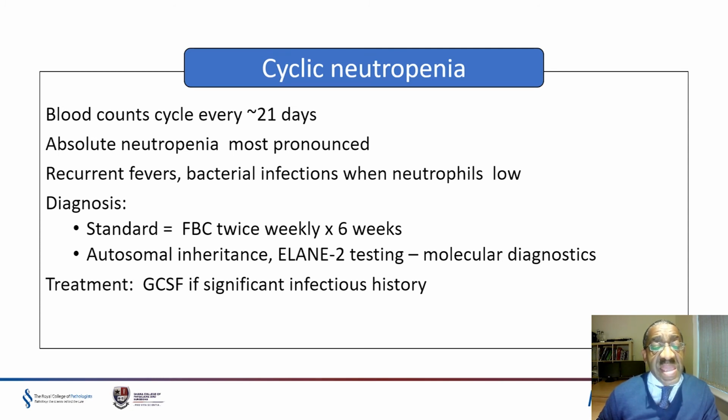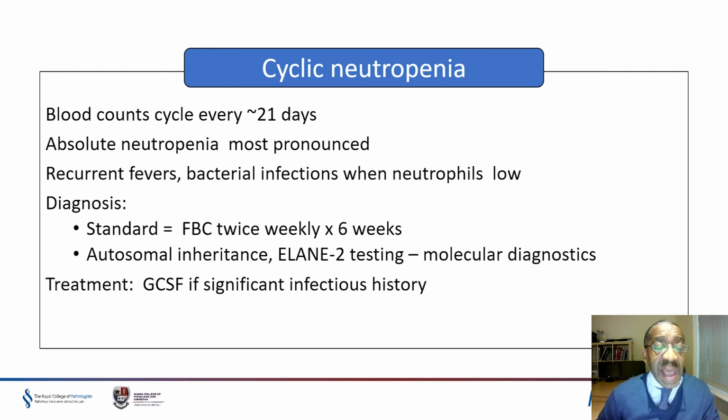The approach to diagnosis is initially to take a blood count 2 to 3 times weekly for up to 12 weeks, and what you see is a pattern of falling neutrophils and spontaneous recovery. And with that pattern repeatedly shown, there's a strong index of suspicion of this disorder.